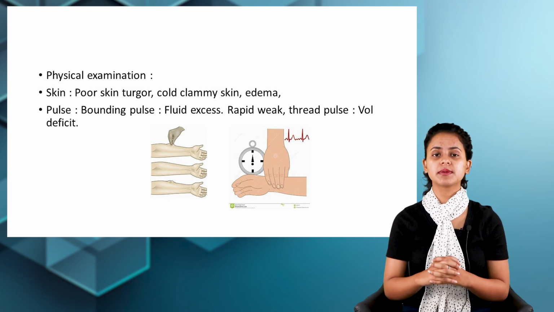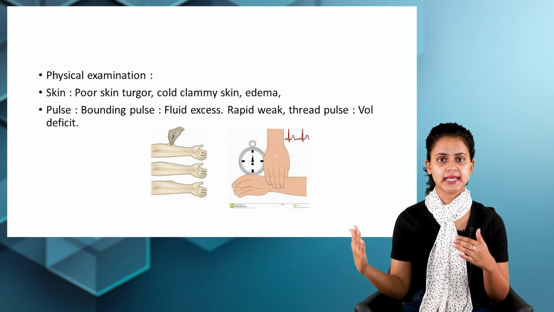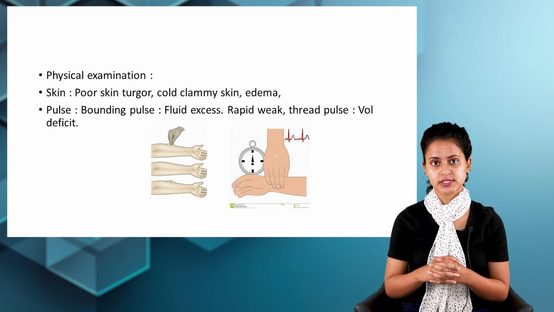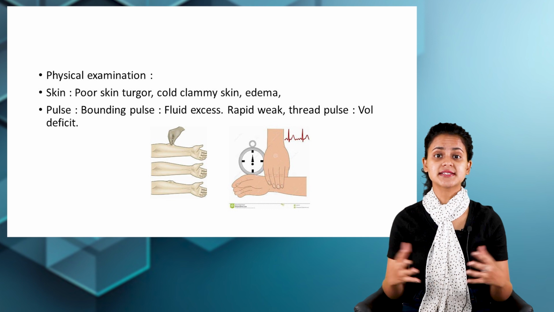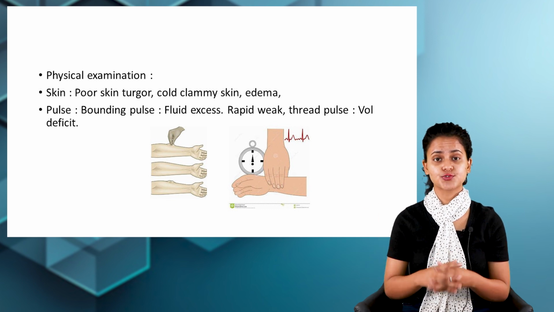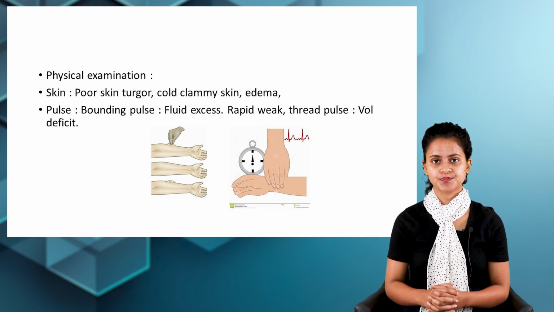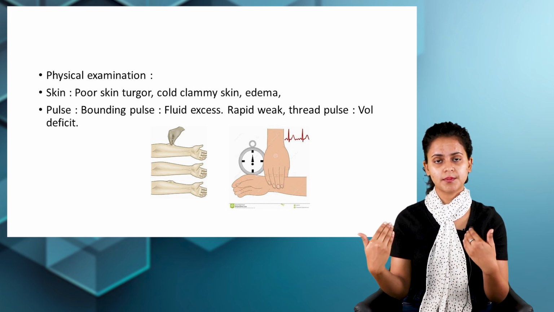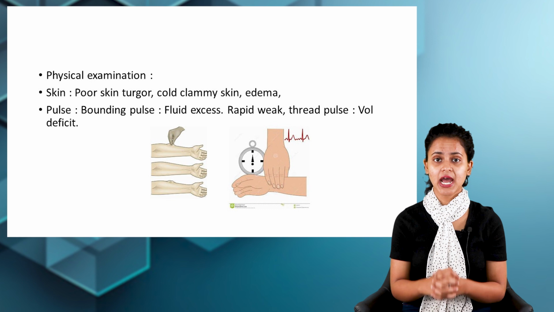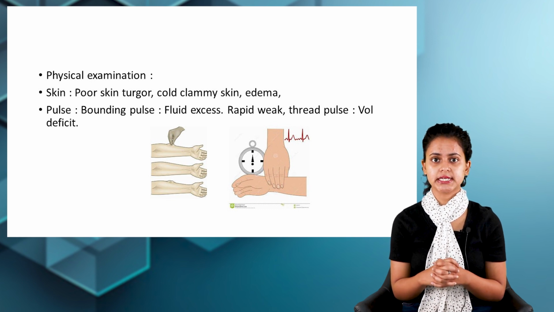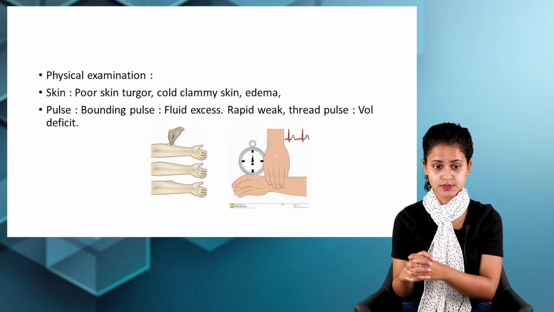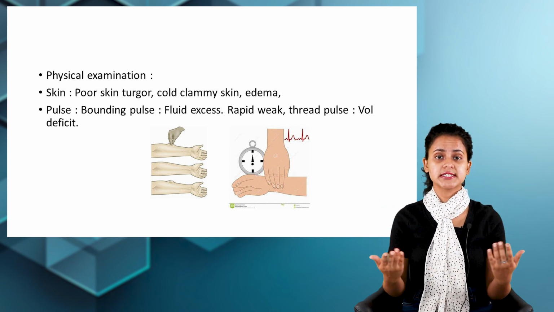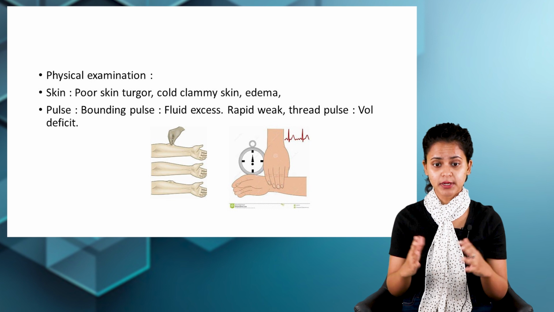Next we will focus on the vital signs of the client, because you need to understand that often the client's vital signs will be disturbed due to fluid and electrolyte imbalance. First we assess the pulse of the individual who has signs and symptoms indicating fluid electrolyte imbalance. First we assess if the person presents with a bounding pulse.